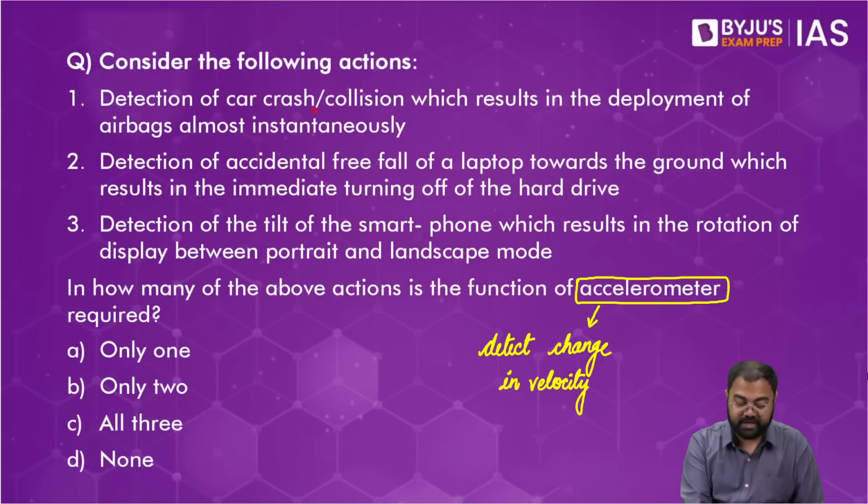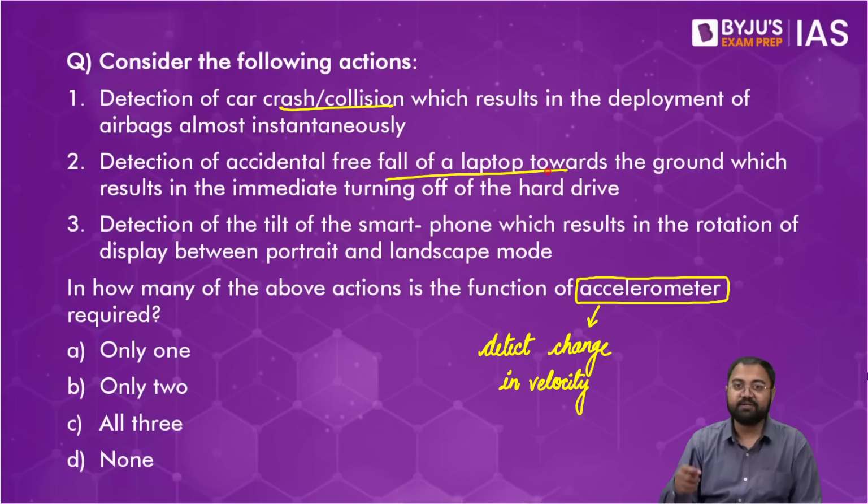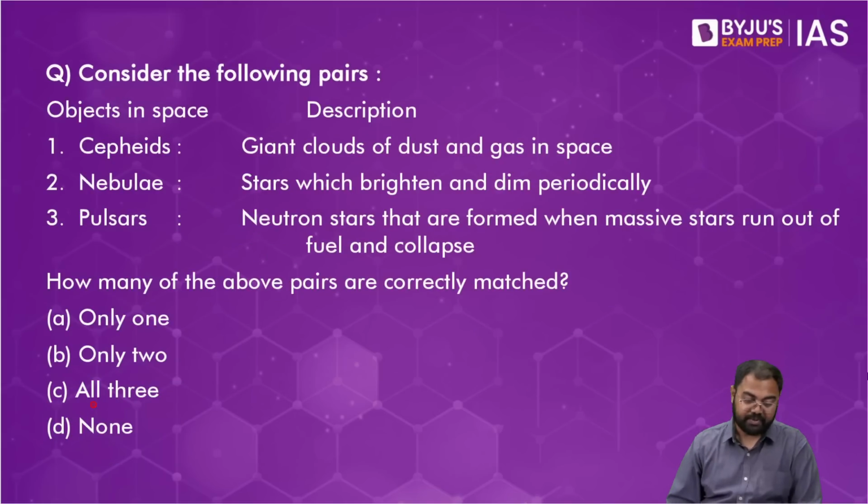In case of car crash, there will be a sudden stop, so sudden change in velocity. Free fall of a laptop, again suddenly dropping, suddenly changing from rest to motion, so sudden change in velocity. Changing between portrait and landscape mode, sudden change in velocity. It was in one mode, all of a sudden changing to another mode. So in all these cases, we see that accelerometers are useful and they are used.